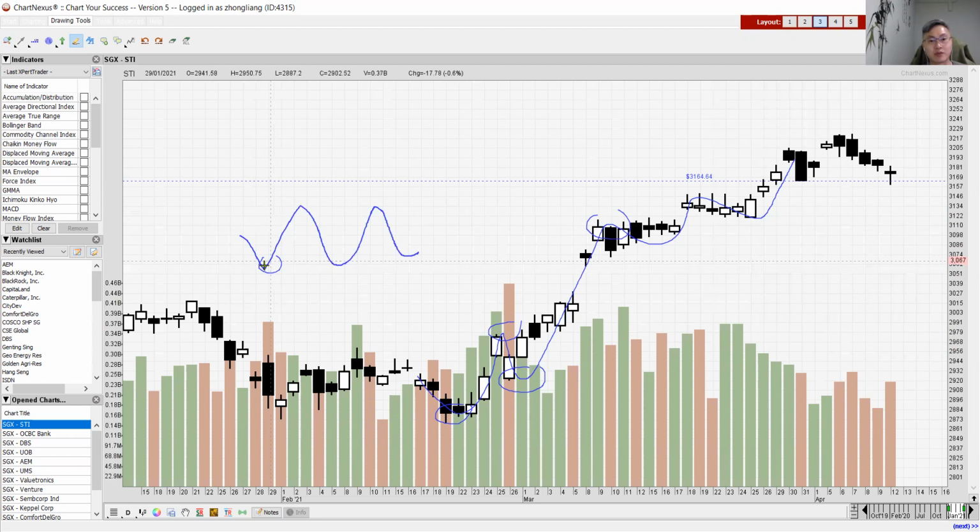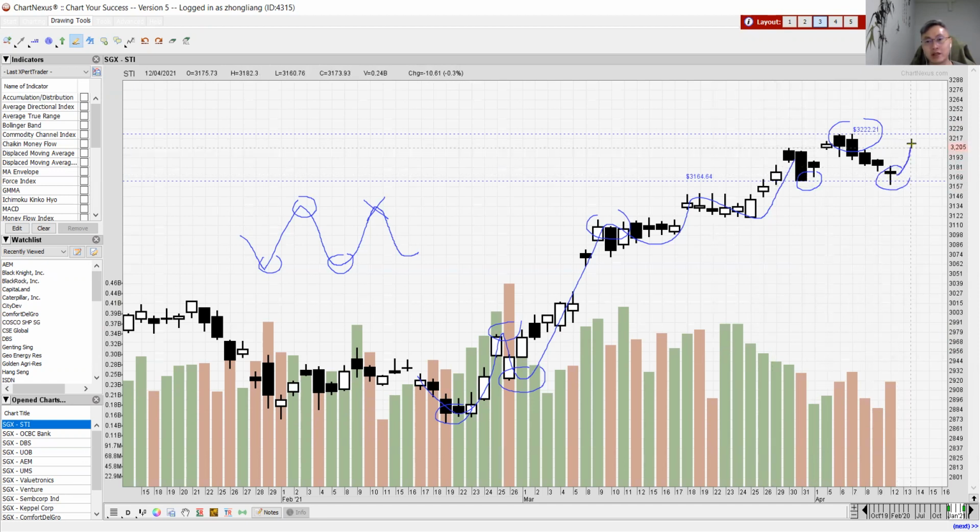So you can see the support level over here, just to illustrate further, has been tested the second time. And then what we are looking at is the high next. This part hasn't been established yet. As you can see here, the index has established this high at 3222, and now with the same low happening, tested, the next is to establish the same high.